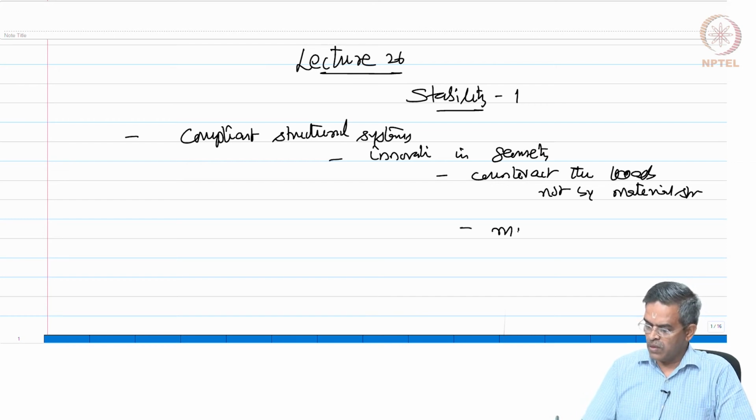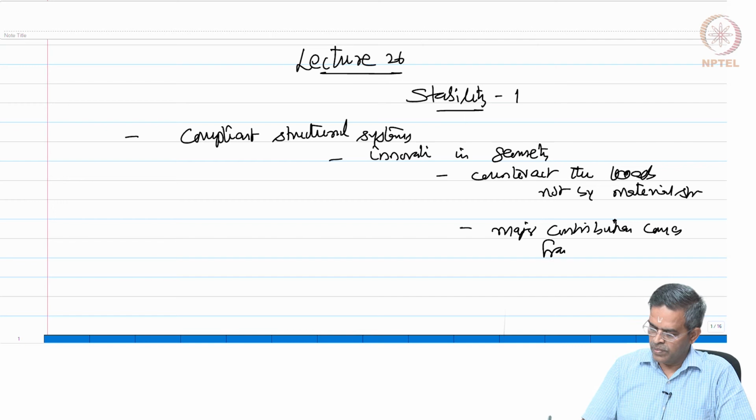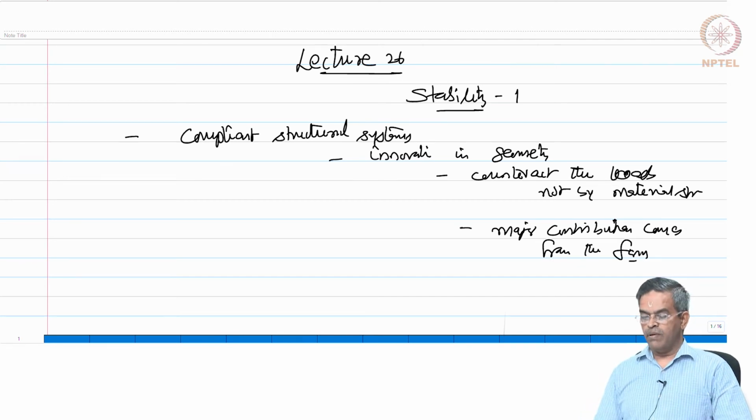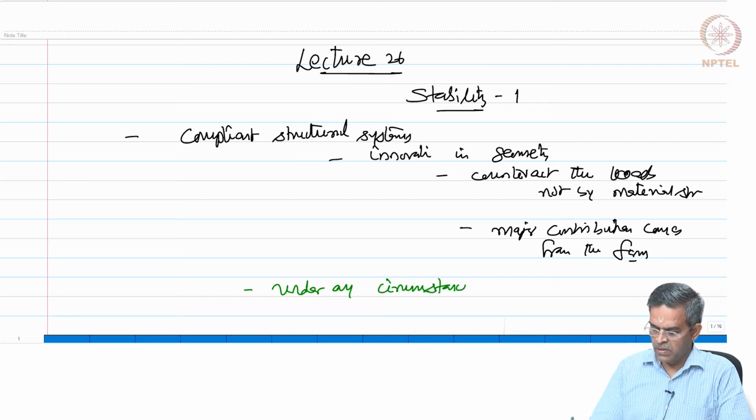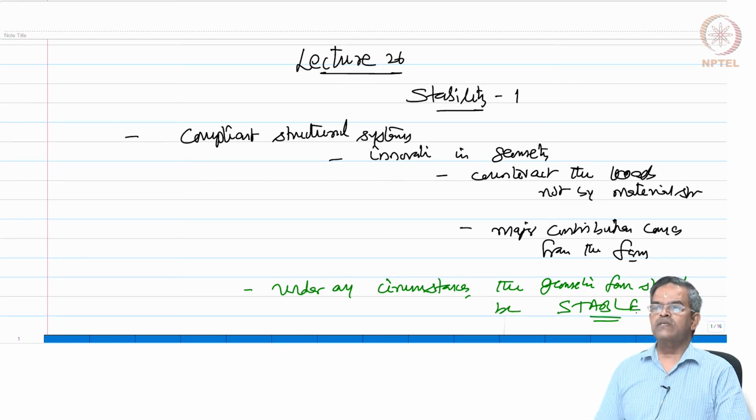A major contribution comes from the geometry. So, form dominant, but we have got to impose a very important condition that under any circumstance the geometric form should be stable. So, the stability of the system cannot be challenged.